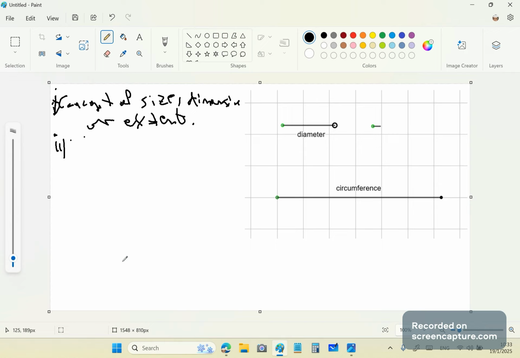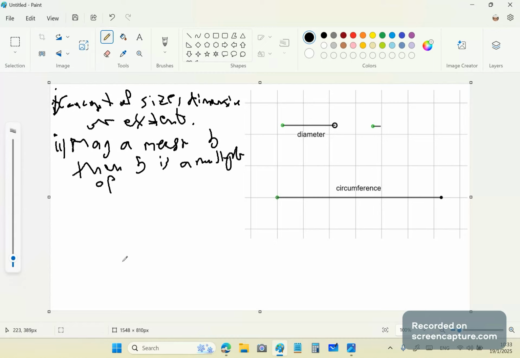So if magnitude A measures B, then B is a multiple of A. It means that A measures B exactly, as I showed you in this scheme here, where you take this diameter and you measure the circumference. But in this case, it doesn't happen because there is no such magnitude in algebra.